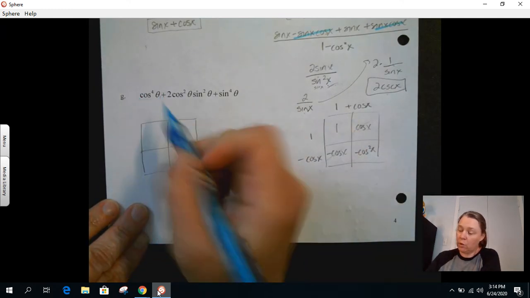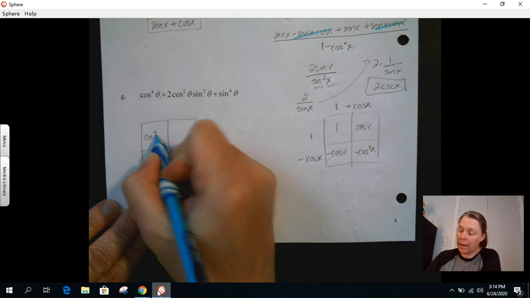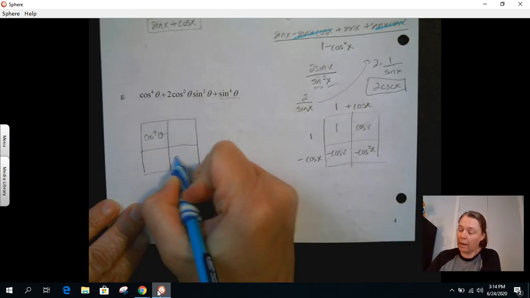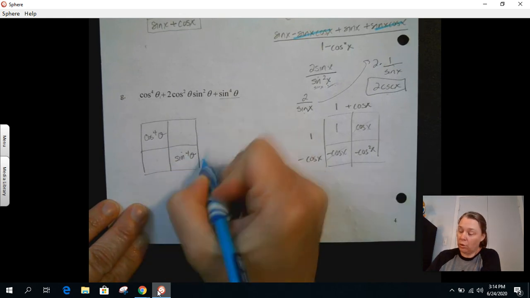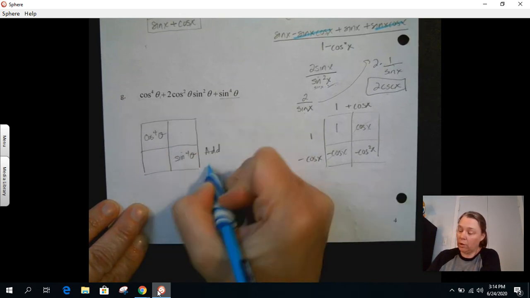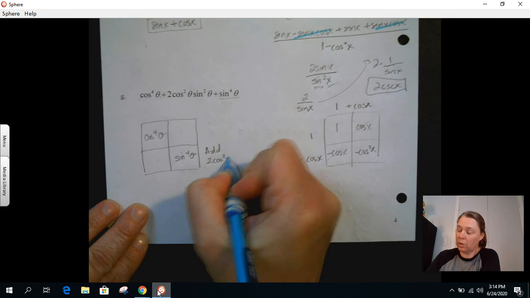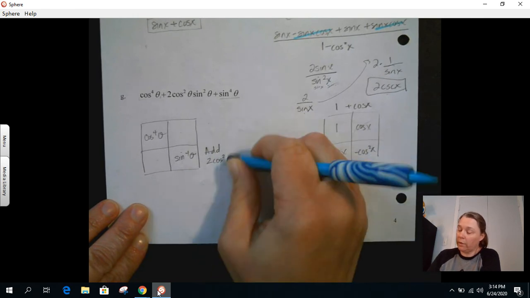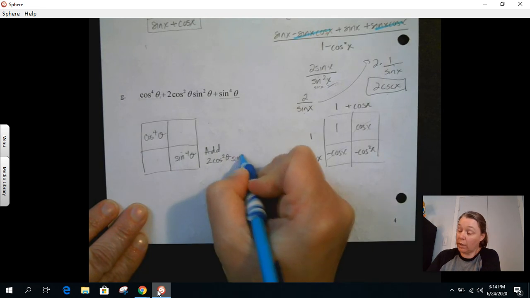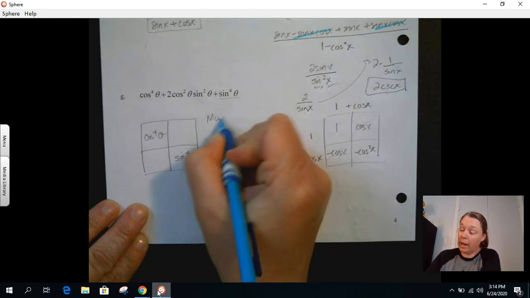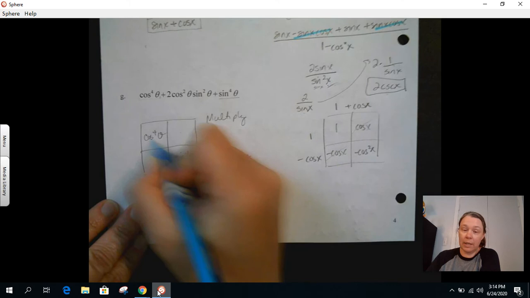Okay, so remember when you use the box, your first term goes in the top left, your last term goes in the bottom right. This diagonal has to add to be your middle term. So it has to add to be 2 cosine squared theta sine squared theta. I put an x there, even though I was using thetas. Force of habit. And it has to multiply to be the same as this other diagonal.